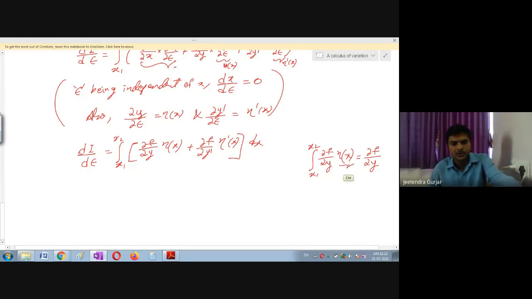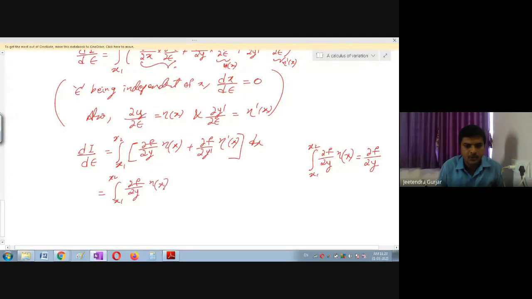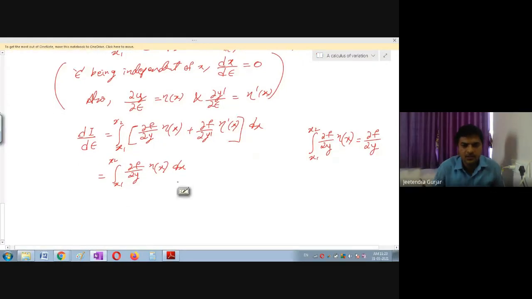So this ν of x is again a very small quantity, therefore only ∂f/∂y we are going to substitute. Okay, so I will keep this integration x1 to x2 ∂f/∂y ν of x dx as it is. Here this quantity is different, so plus integration x1 to x2, I will just integrate this part. There is a second part, I will be integrating ν dash of x dx.